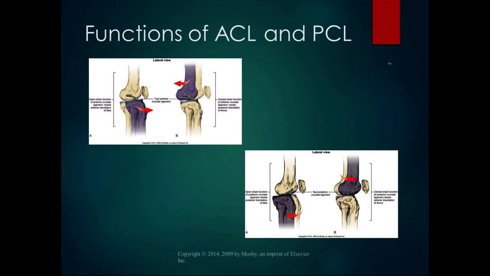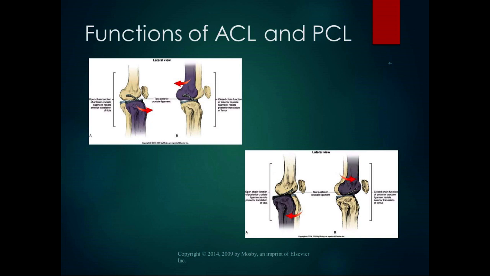So in open chain, the ACL resists anterior translation of the tibia relative to a fixed femur. That's the open chain. In closed chain, it resists posterior translation of the femur relative to a fixed tibia.